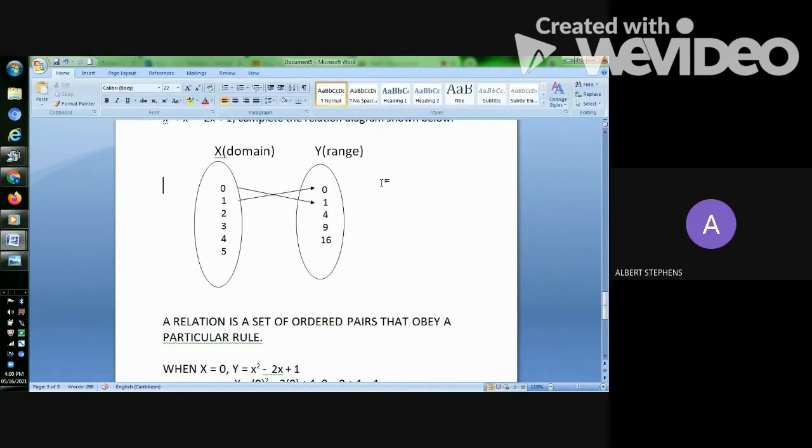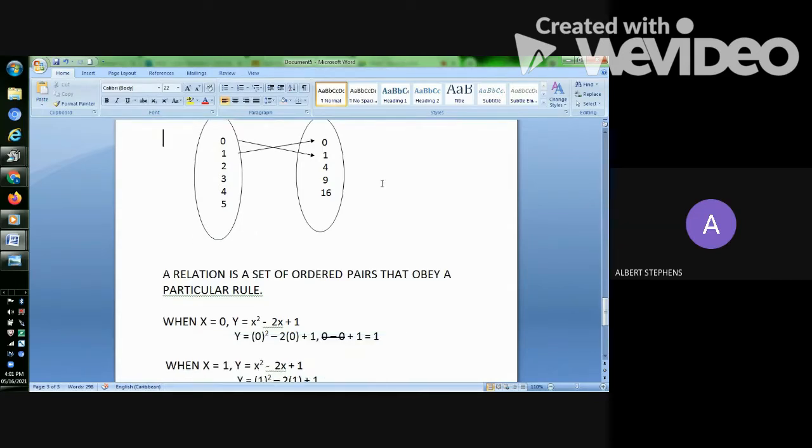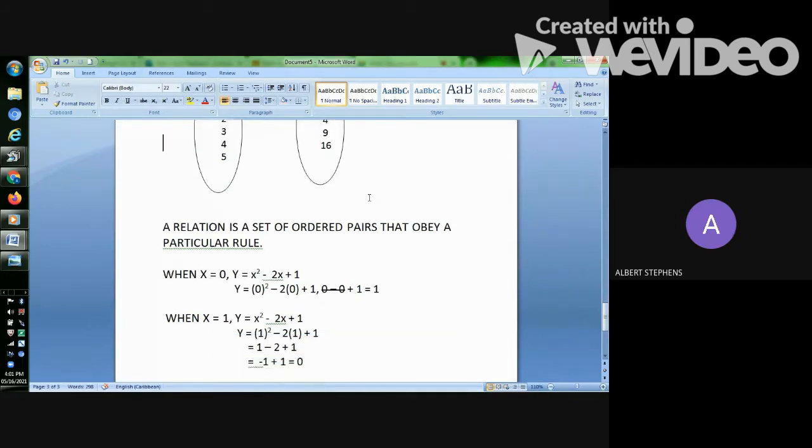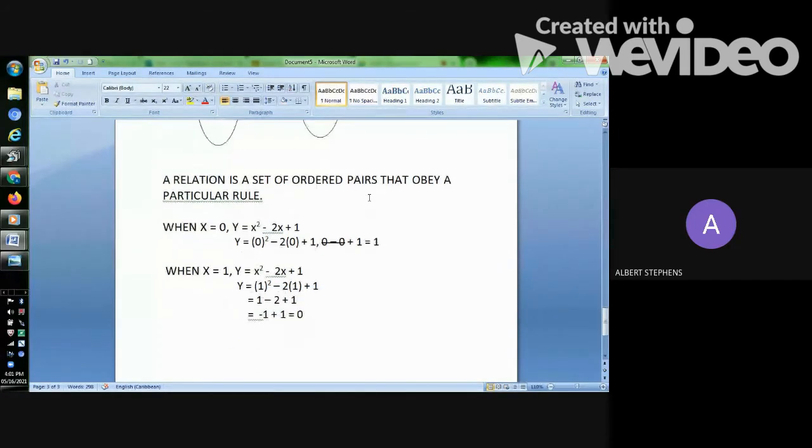That's it. So what I want you to do now, class, is to finish those values. In other words, work out when x is equal to 2, 3, 4, and 5. Are you guys following? Anybody with any questions on what we've done so far?